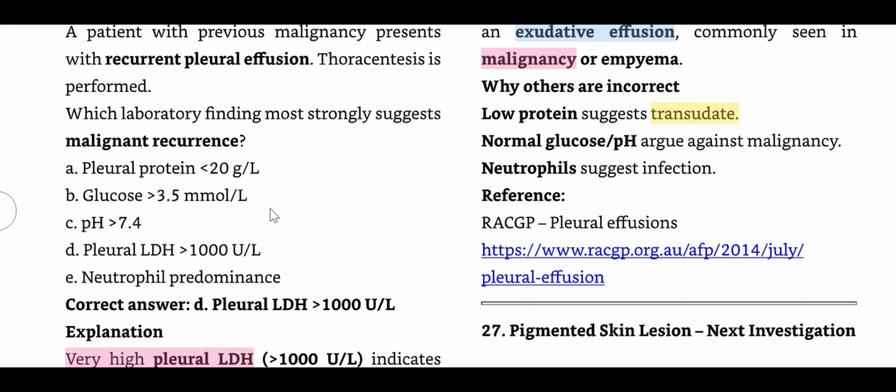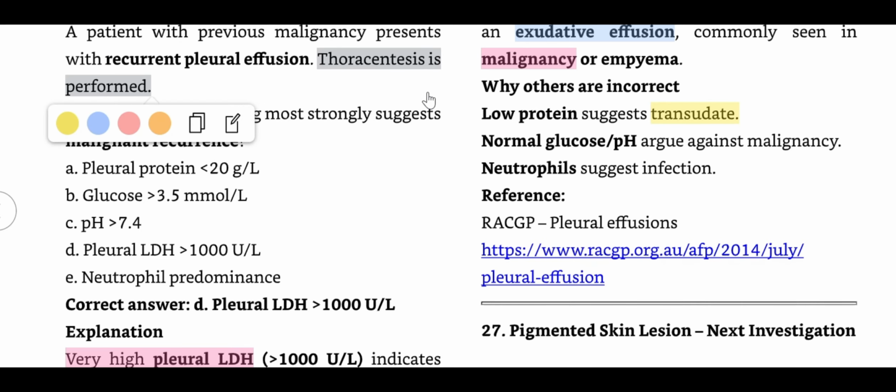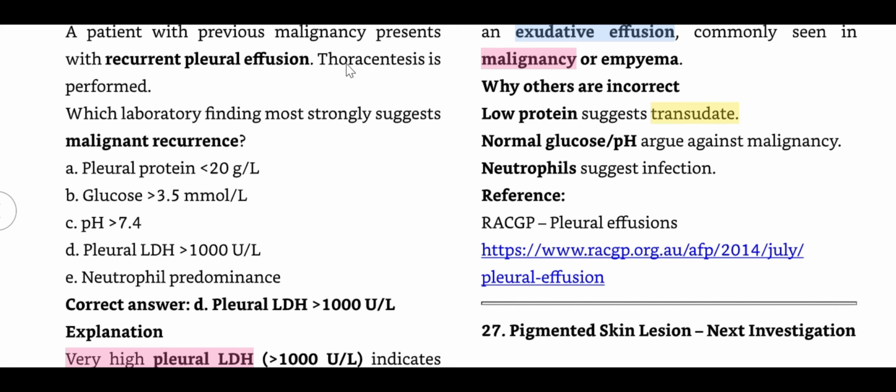It is the same here. A patient with previous malignancy and with recurrent pleural effusion. Thoracocentesis or chest tube insertion is performed, and while taking a sample of the pleural fluid, these are the findings.